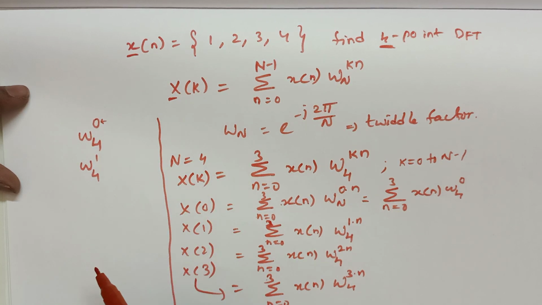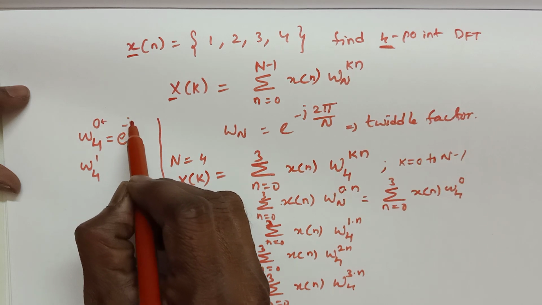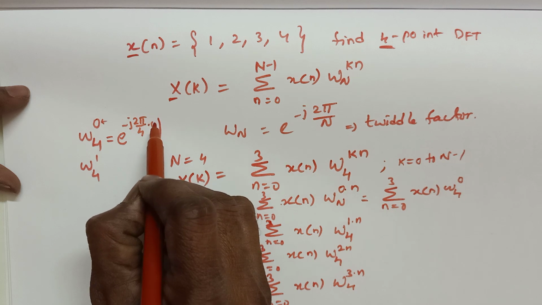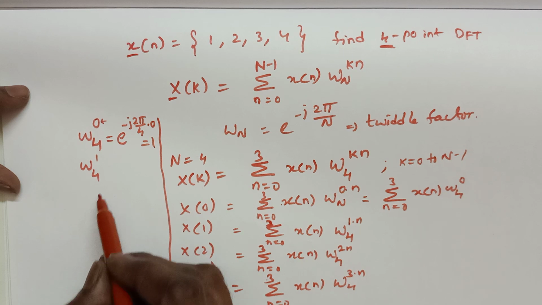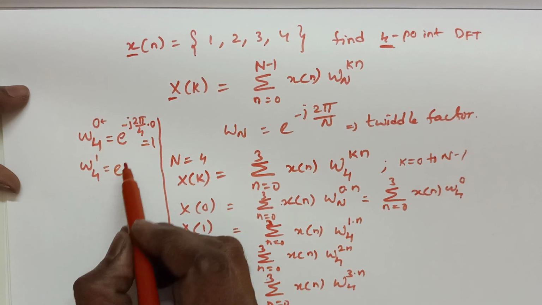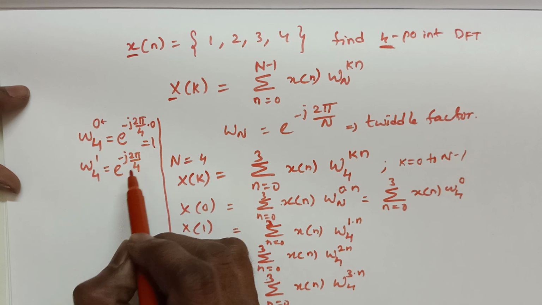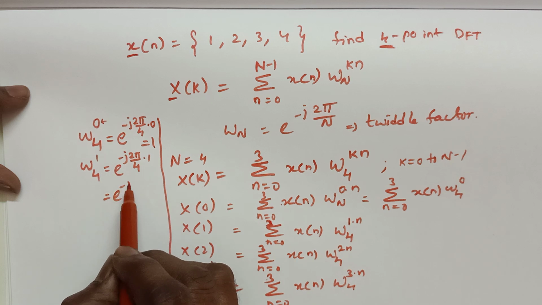Starting from 0, we calculate N by 2 values. So W_4 power 0: W_4 is e power minus j 2 pi by 4, and the whole power 0 means e power 0, which is 1. Similarly, W_4 power 1 means e power minus j 2 pi by 4 into 1, which is e power minus j pi by 2.